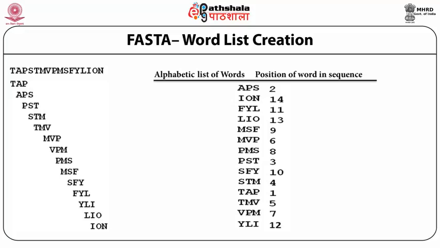These words are then arranged in alphabetical order. The position of each word in the sequence is also stored along with the word. In this way, each sequence entry in the database is converted into a dictionary of words arranged in alphabetical order and stored in the computer.